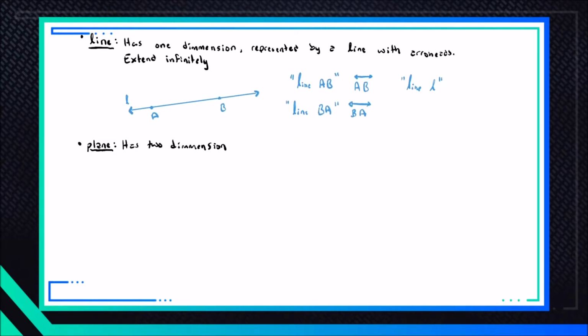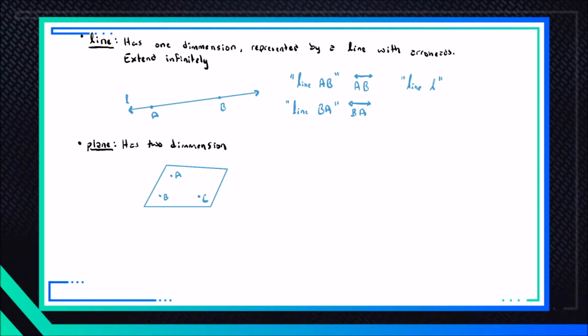So we normally represent a plane by a rectangular parallelogram shape. We'll go ahead and draw that up right now. And so here is our representation of a plane. We could put several points in this plane, so we could have a point A, a point B, point C. Notice that if we draw any lines between those 3 points, like this, or like this, or like this, those lines are all in the plane.